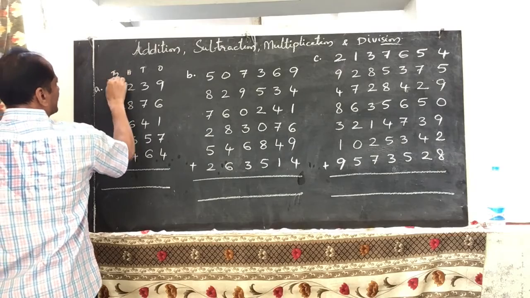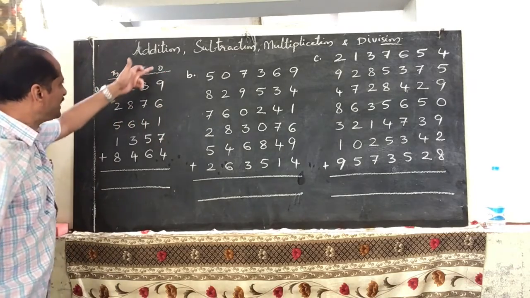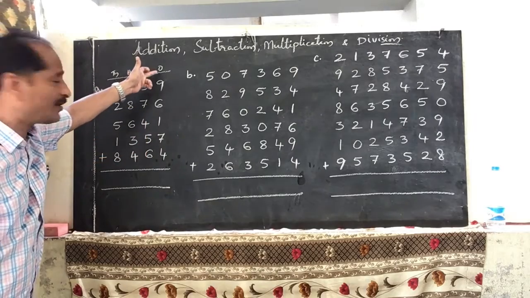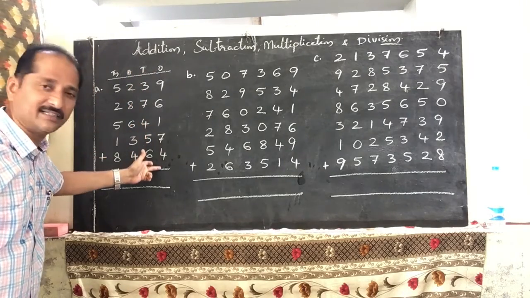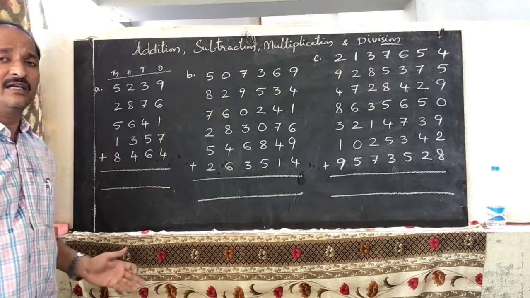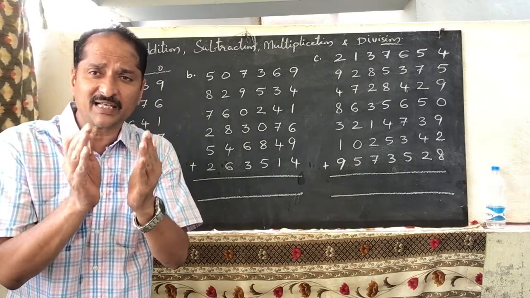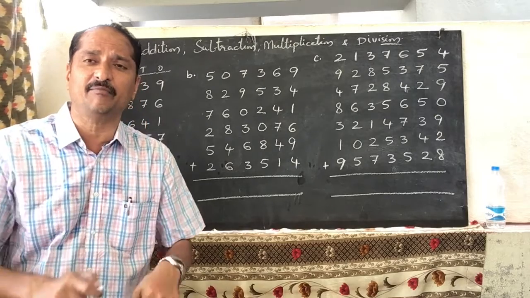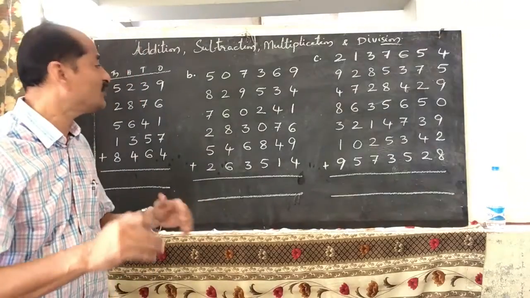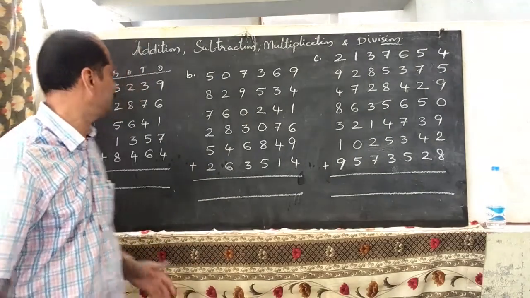Here you have to remember carefully. The ones place digits should all be in a straight line. If you are adding all the ones place digits and you get the sum in 2 digits, how to write that, I will check carefully.